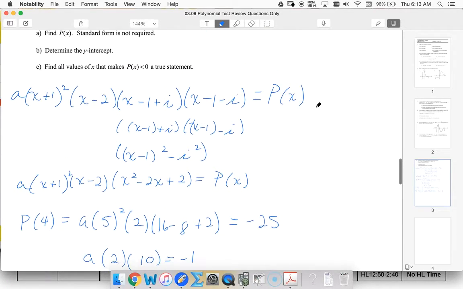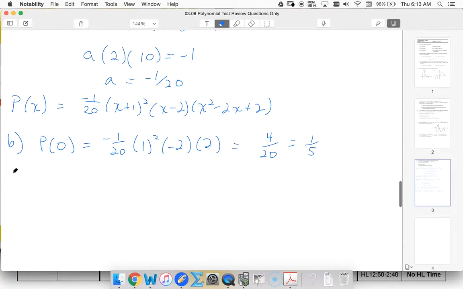All right. And now find the values of x that make the polynomial negative is really what we're saying here. So I know that my roots are at -1, which was a double root, so I'm going to either bounce up or bounce down.